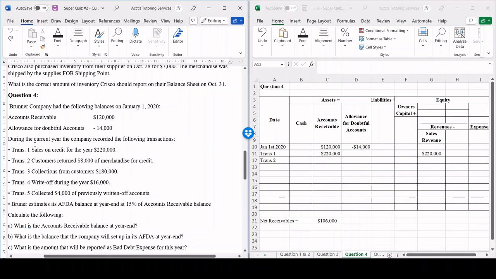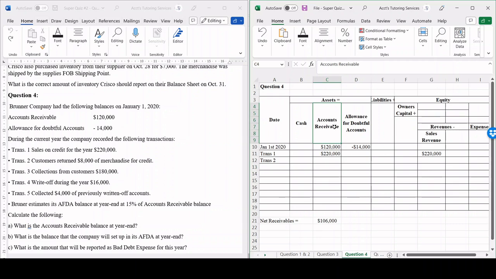So in this case, we're ignoring the expense transaction just because our main focus is on accounts receivable in this question, right? So if this question was on merchandising or inventory valuation, then the second part, which is the expense portion, which is cost of goods sold and inventory, is important. But for the sake of this question, we're going to ignore that because our main focus, once again, is on accounts receivable, allowance for doubtful accounts, and the accounts that are related more specifically to this chapter.